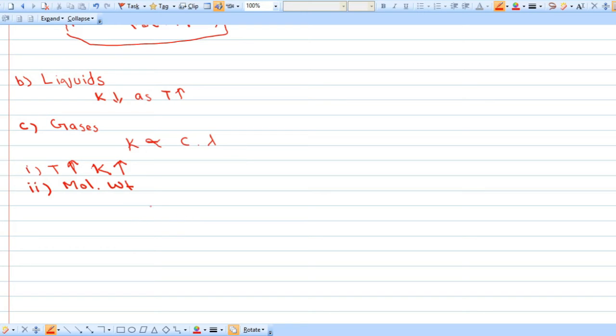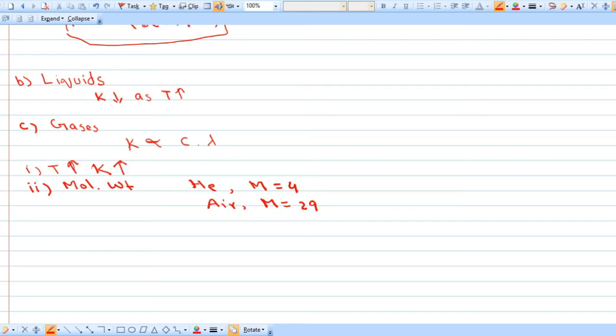This is the reason thermal conductivity of helium is much higher as compared to the thermal conductivity of air. Helium has a molecular weight of 4 and air has a molecular weight of 29.